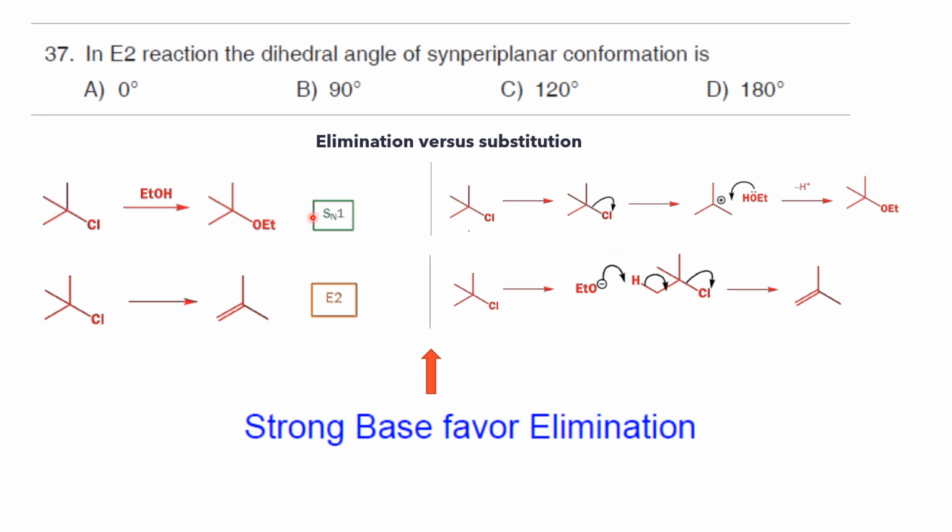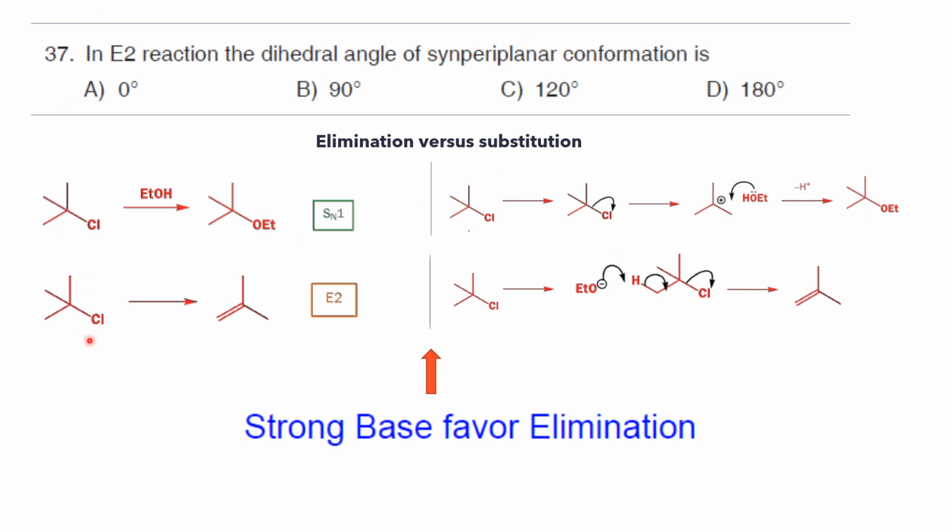Instead of chlorine, you will be getting this OEt group, and this is the product that we get. So this is an SN1 reaction, a substitution reaction in which an atom is substituted by another group of atoms, which is OEt minus.